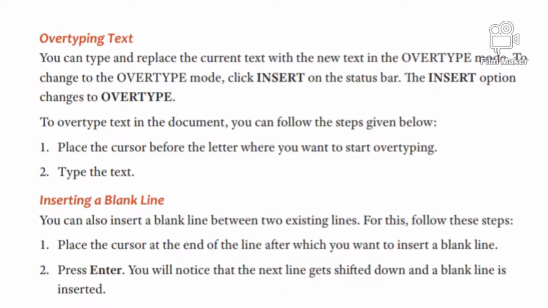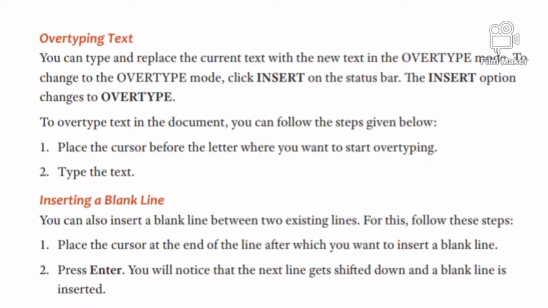So whenever you want to insert a blank line between the text, what you have to do? You have to follow certain steps and you can insert a blank line between the text, and it is very easy, students. Okay, so let's see what is the first point. Place the cursor at the end of the first line after which you want to insert a blank line. So what is the first point?